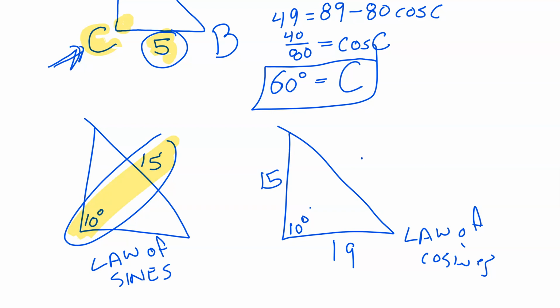Now, let me give you a hidden law of sines and see if this helps a little bit. Let's say I gave you a triangle like this, and I'm saying this is 10. This is 5. And this angle down here is like 35. Well, this is really a law of sines hidden in there, isn't it?